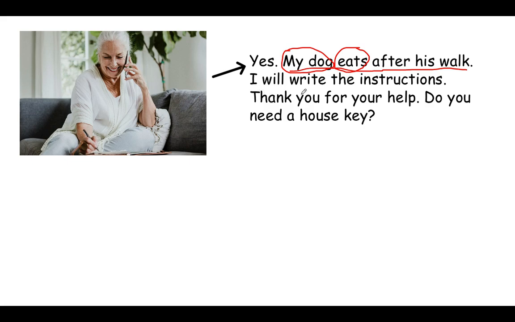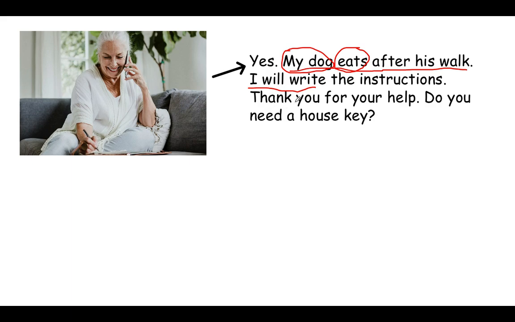Next she says, I will write the instructions. So she uses the future tense right here. Thank you for your help. Do you need a house key? So she uses the future tense, I will. I will write the instructions, meaning in the future she will write the instructions.